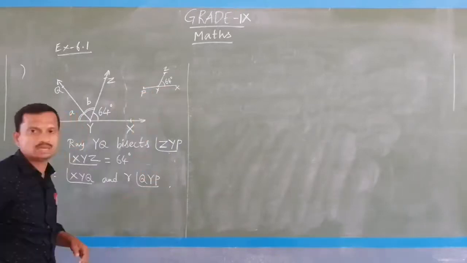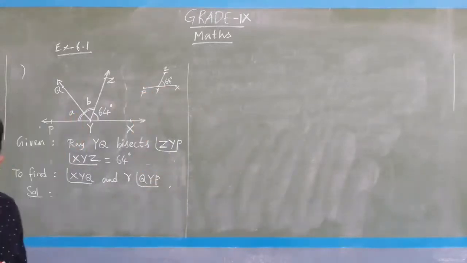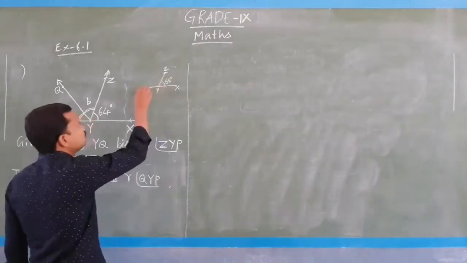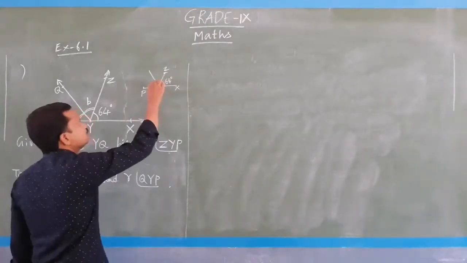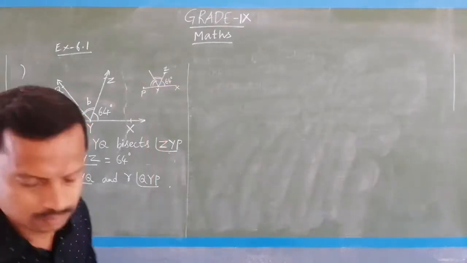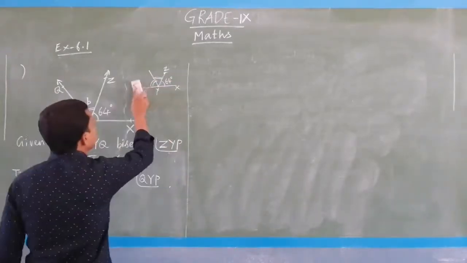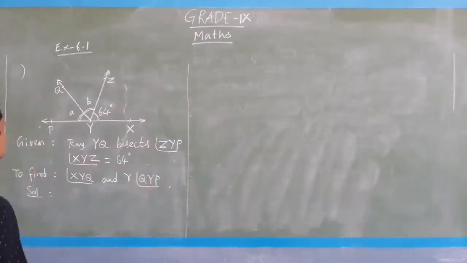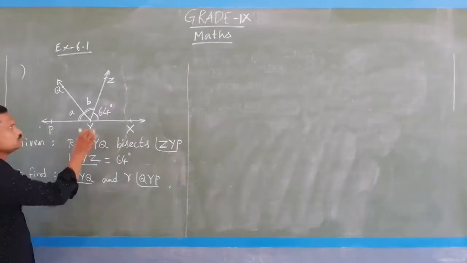Okay. And then, draw a figure from the given information. If ray YQ bisects ZYP, so this is ZYP and you have to draw a ray, then these two angles should be equal. So you have to draw accordingly. XYZ is 64 degree.